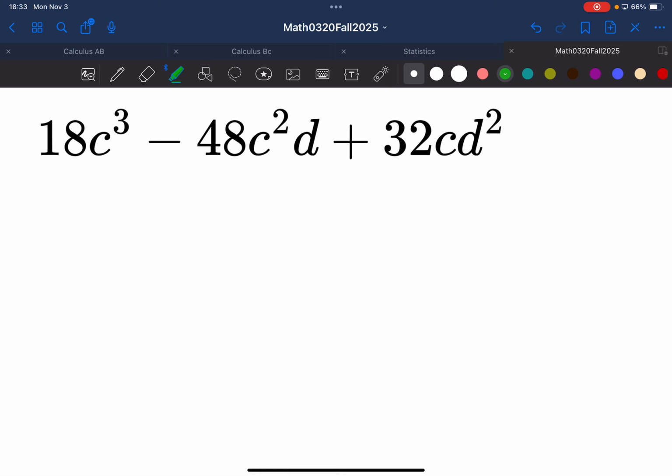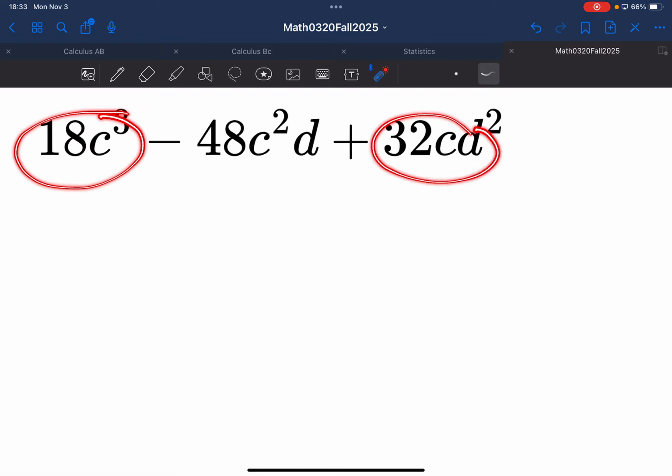So before we do this one, you should be looking at these terms here and asking yourself, can I take the square root of 18 and 32? No, which means I need to take out a what? GCF. So what GCF can I take out from all of them? An 8 won't work.